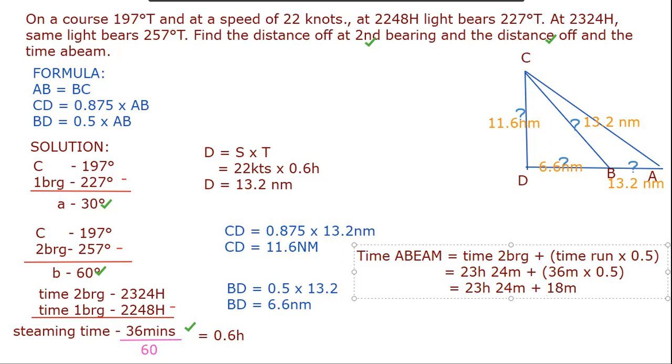Tama? So, ngayon, i-add na natin para makuha natin ang value ng time abeam. Time abeam is 24 plus 18. Siyempre, sa minutes lamang natin i-add yung 24 minutes. 24 plus 18, ibig sabihin 42. So, ibig sabihin meron kayong 23 hours and 42 minutes.